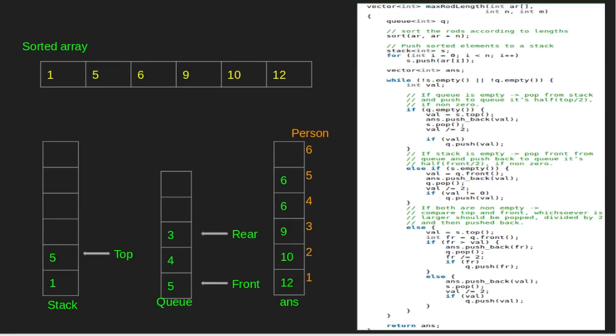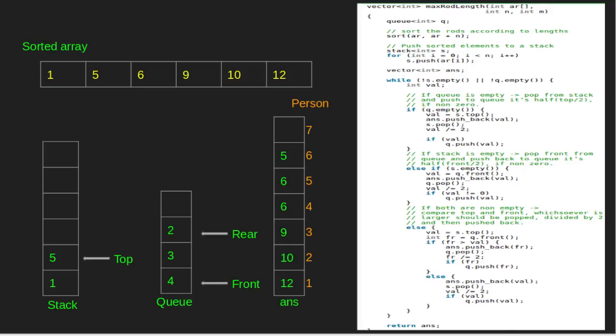For the sixth iteration, 5 is not larger than 5. Thus, we'll pop 5 from the queue and push 5 by 2, that is 2, in the queue. Thus, the sixth person gets a rod of length 5. For the seventh iteration, 5 is larger than 4.